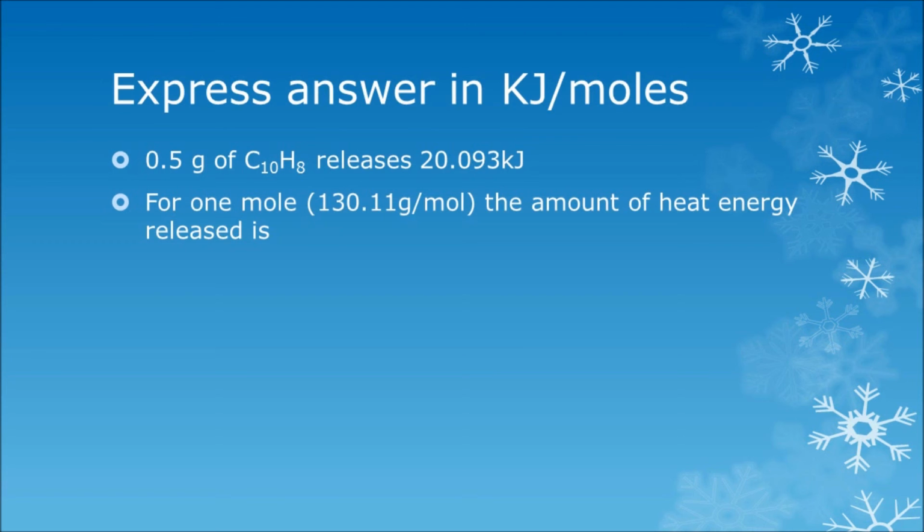It's a ratio and proportion problem, or you can use dimensional analysis to come up with a final number, and the fraction for the calculation is represented in the next line. What this tells you is 20.093 kilojoules is released when 0.5 grams of naphthalene undergoes combustion. So the amount of energy released when 1 mole is used is times 130.11 grams per mole, which is the molar mass of naphthalene.